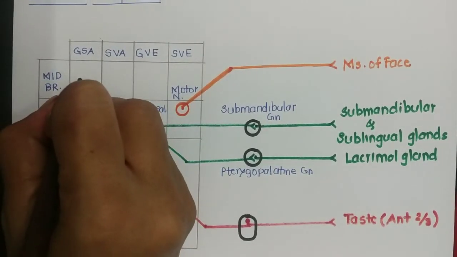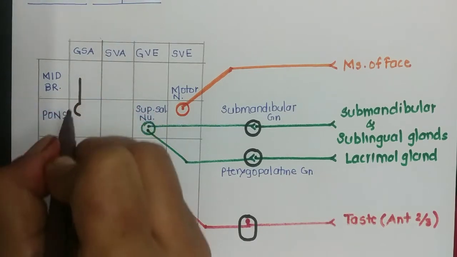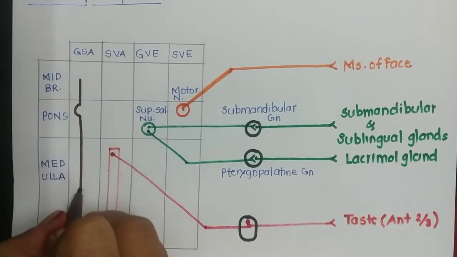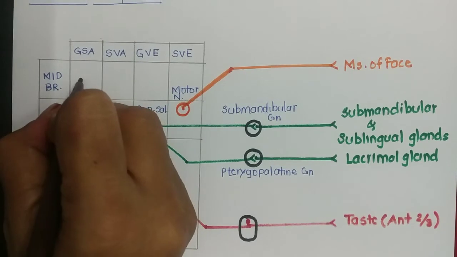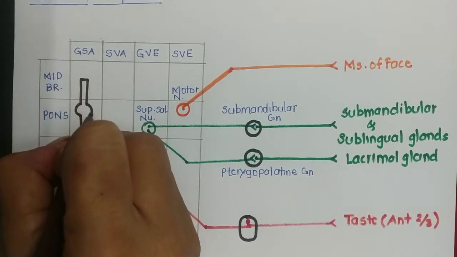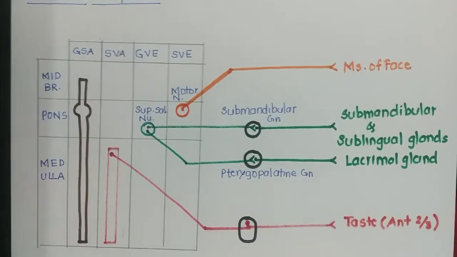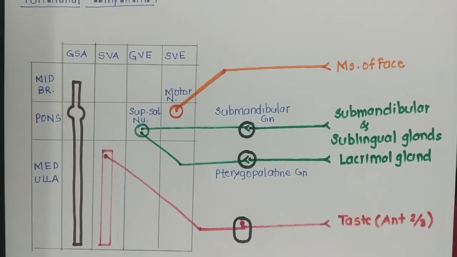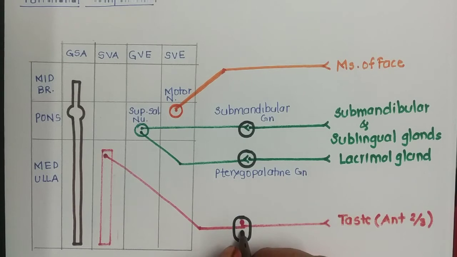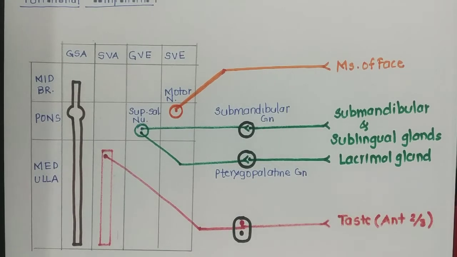So this is the spinal nucleus of the trigeminal nerve. The cell bodies we have mentioned are located in the geniculate ganglion.